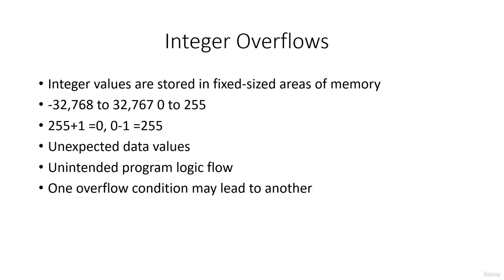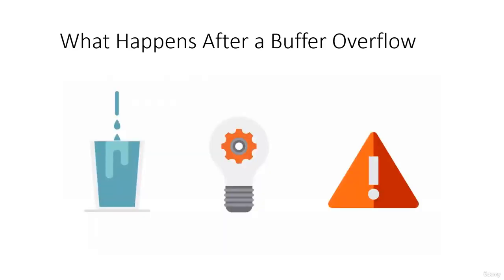For example, adding 1 to the largest integer value causes it to roll over, or overflow, to its lowest value, like a car's odometer flipping over from all 9s to all zeros.